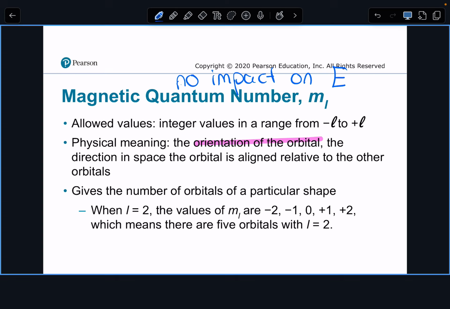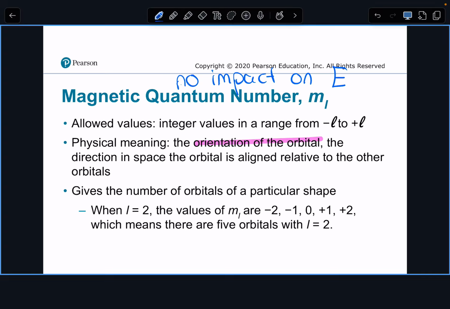We're going to talk about the possible values. The values are a good way to indicate which orbital we're talking about, but they also tell us how many orbitals there are in a given subshell. The range is dependent on L, and it goes from -L to +L.